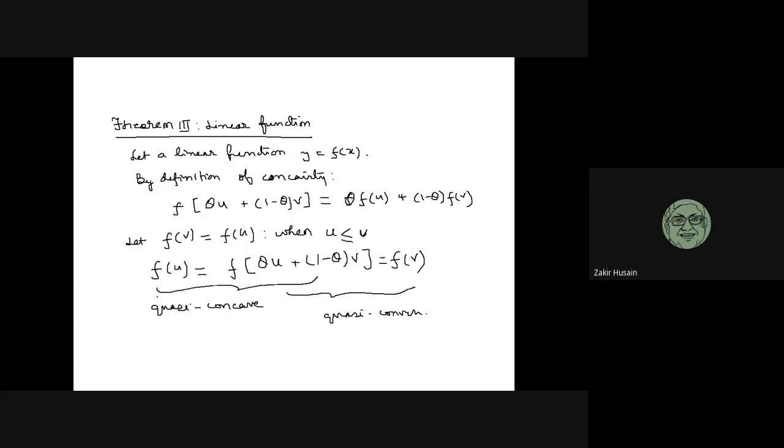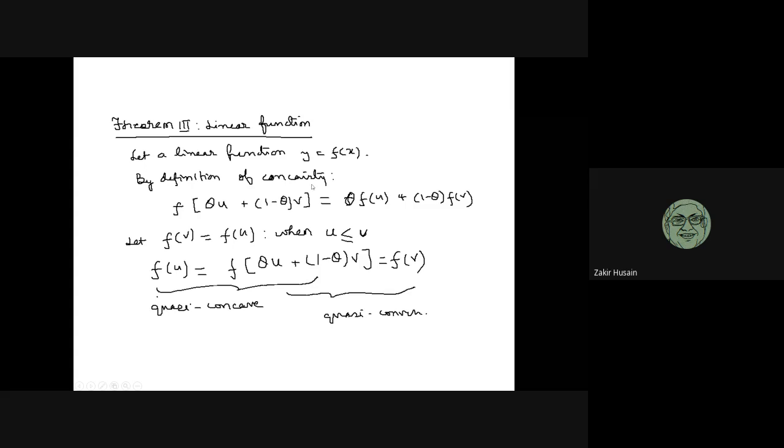Okay. Theorem 3, which is about a linear function. Suppose you have a linear function y equal to f(x), then this is both quasi-concave and quasi-convex. Remember, we are only talking about quasi-concavity or quasi-convexity, not the strict definition. So we have a linear function y equal to f(x).